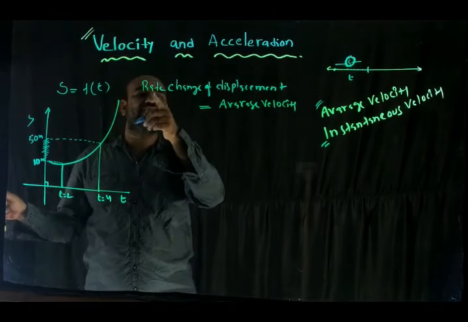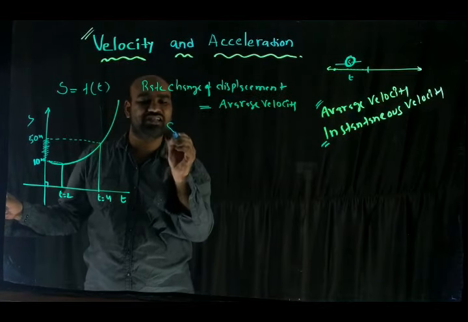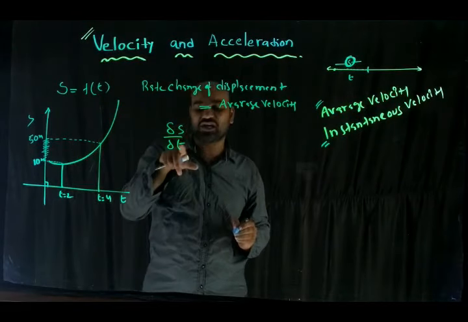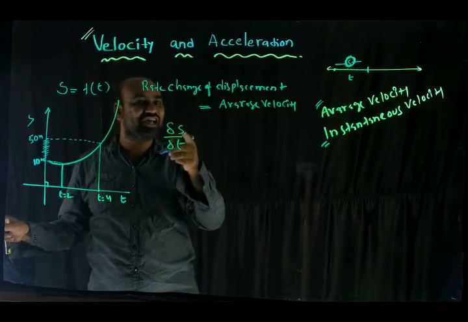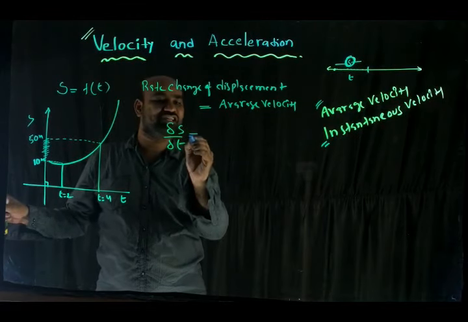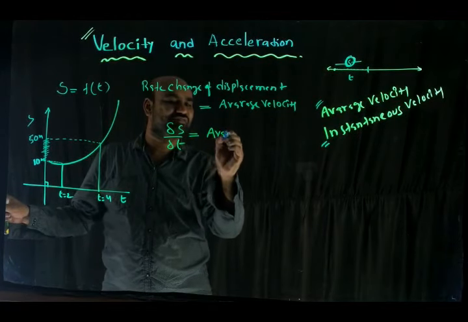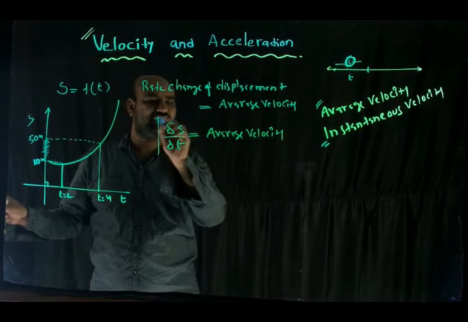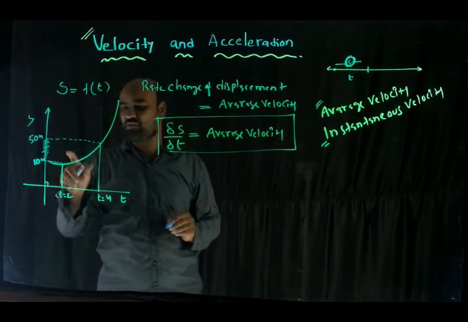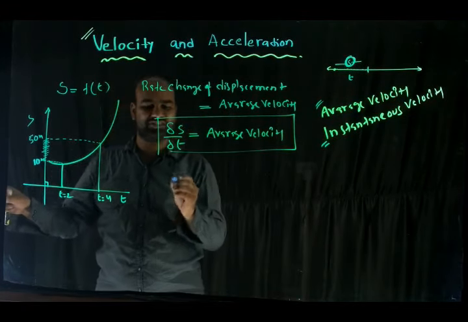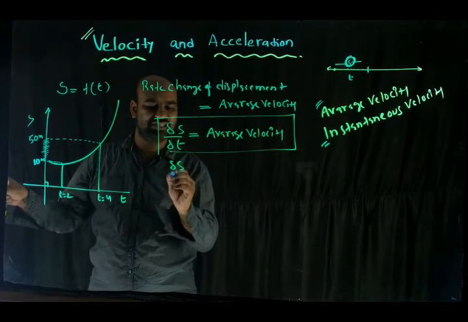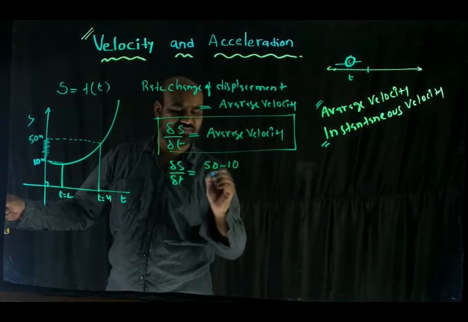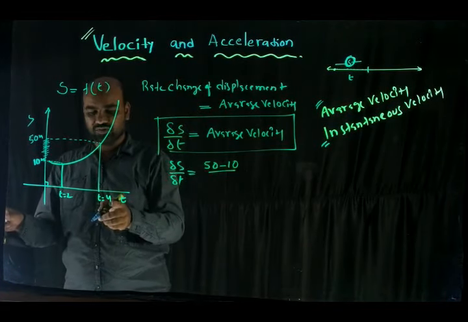Mathematically, the average rate of change of displacement is delta s by delta t, the rate of change of s with respect to time. This is nothing but average velocity. In this example, I want to find delta s by delta t: 50 minus 10 by the difference in time, 4 minus 2.